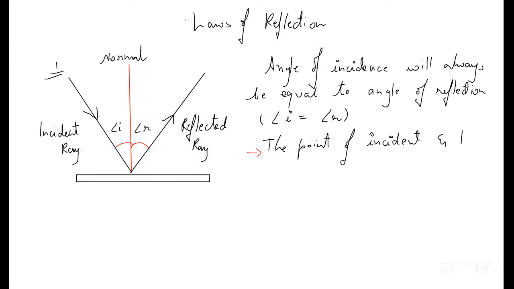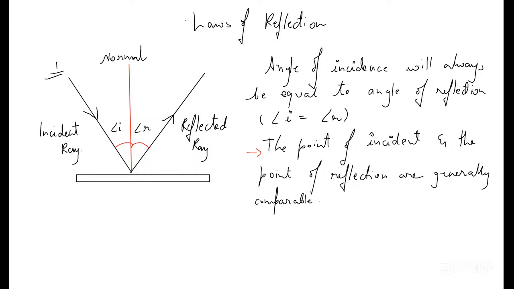The point of incidence and the reflection point are generally comparable, and the reflected light will follow the same path if the original beam strikes the mirror at an angle other than the usual.